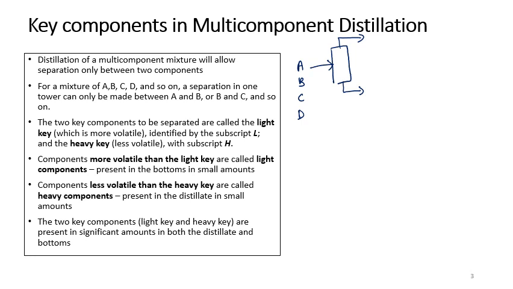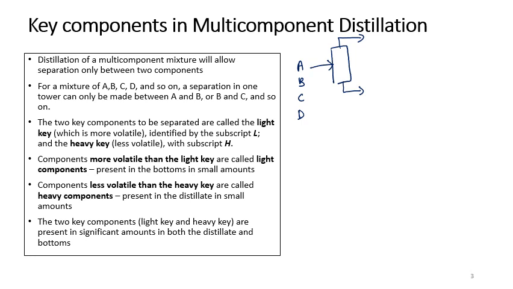A is the most volatile component, followed by B and C, and finally D is the least volatile component, the highest boiling point. So we have to decide the two key components to be separated, which is the split.